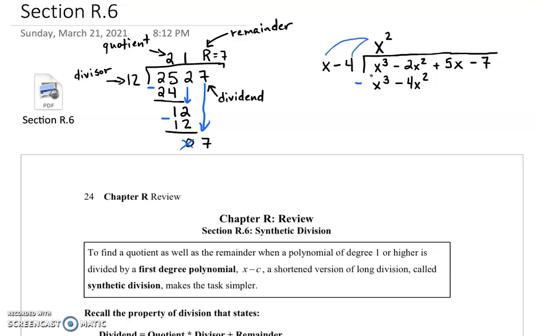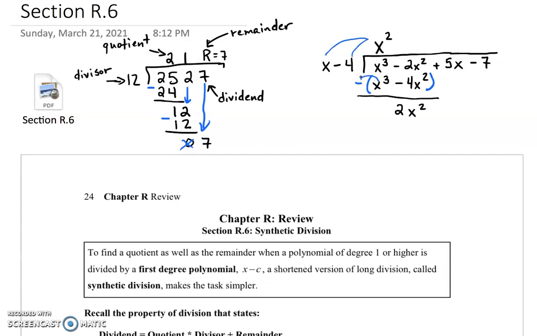Now, I am subtracting that whole parentheses of what I just multiplied. So that means I am distributing the negative. So x cubed minus x cubed, that's 0 x cubes, they're gone. Negative 2x squared minus a negative 4x squared is really like negative 2x squared plus 4x squared. So that is a 2x squared.